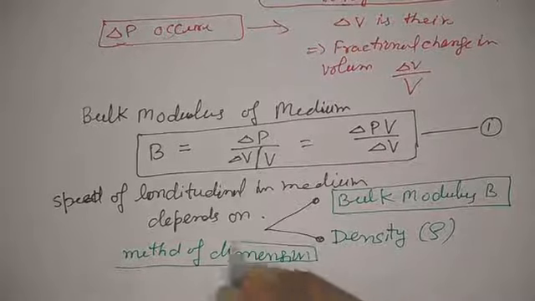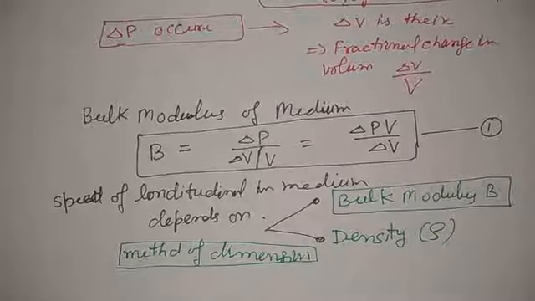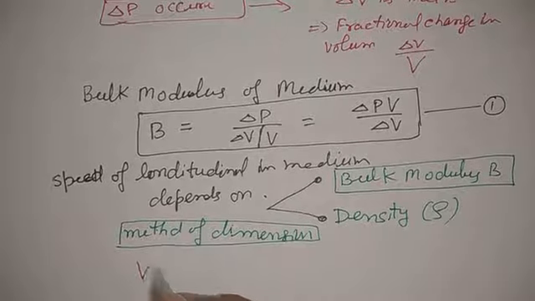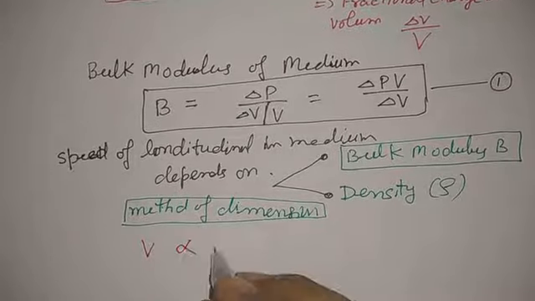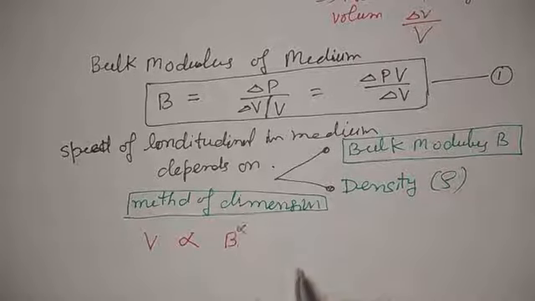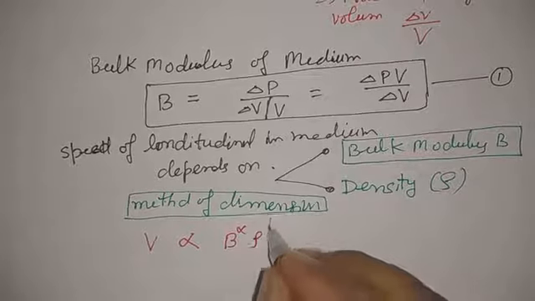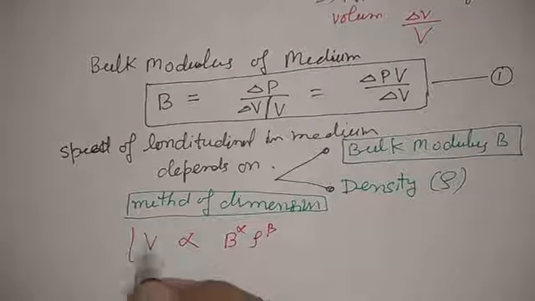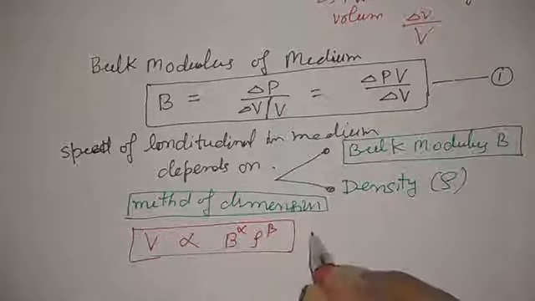Let's see how we obtain the relation by the method of dimensions. The speed of a longitudinal wave depends on bulk modulus B to the power alpha and density rho to the power beta. This is relation number 1.